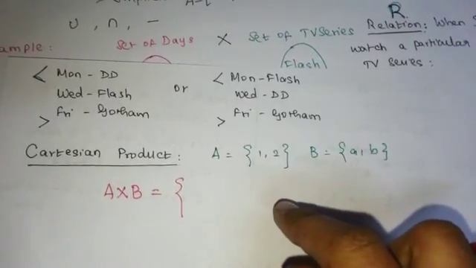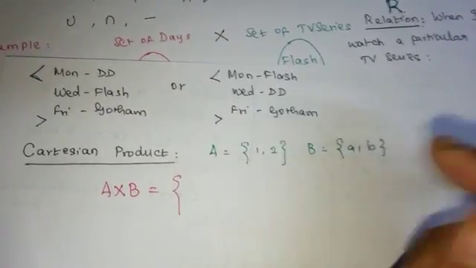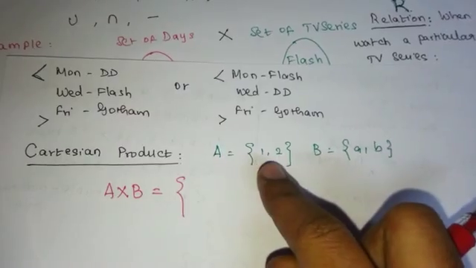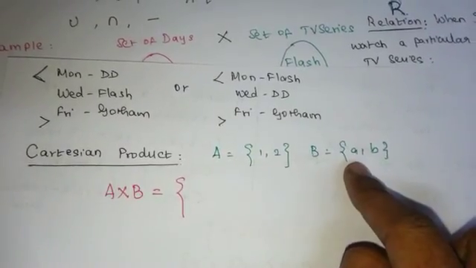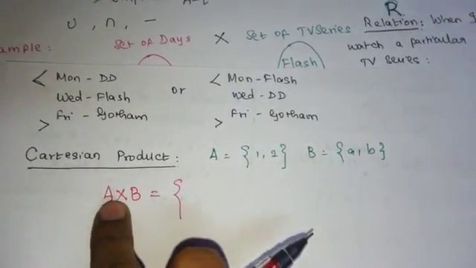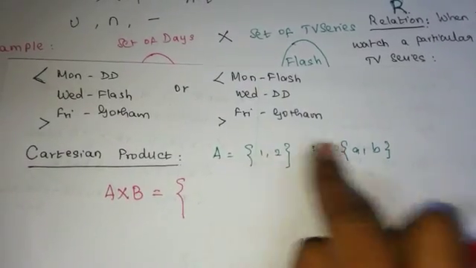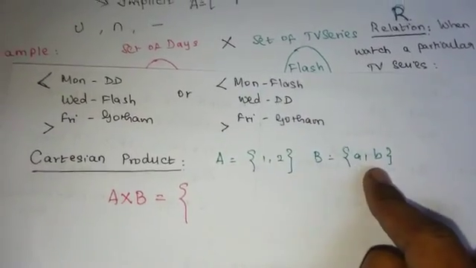Now a Cartesian product is nothing but a set of combinations of the elements that are present in the two sets.